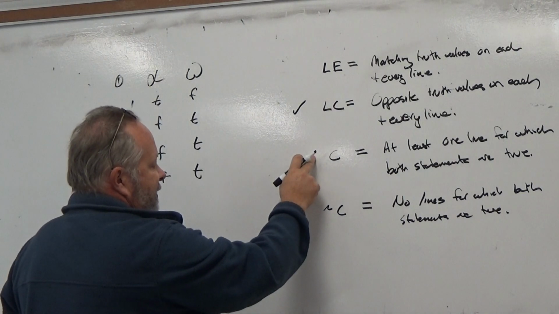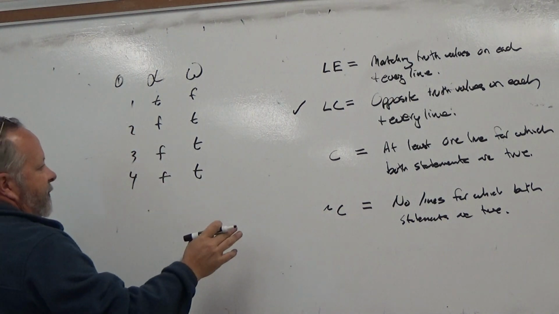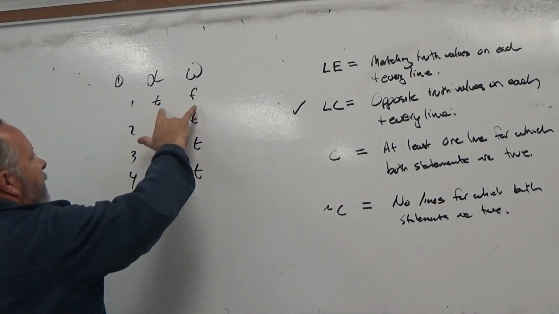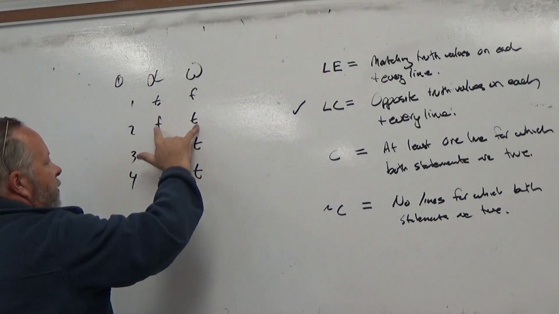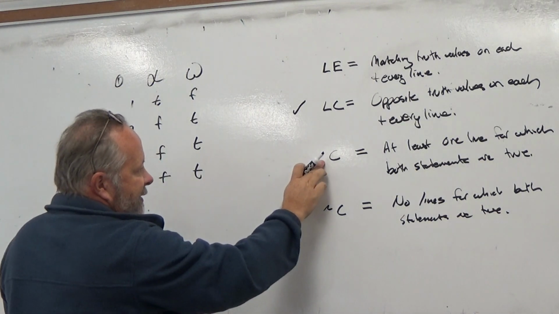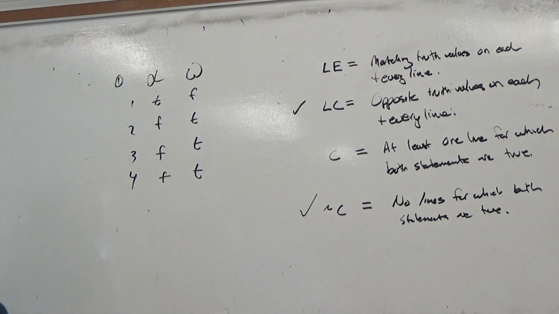So if it's consistent, it's not inconsistent. Okay, so is there one where they're both true? No, no, no, no. So it's not consistent, that means it's going to be inconsistent. So you need 2 checks to get full credit on this one. Does everybody understand that? Okay.